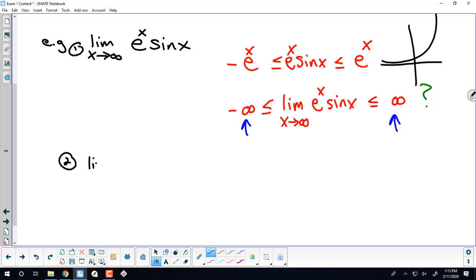What about the limit as x approaches negative infinity of e to the x sine x?